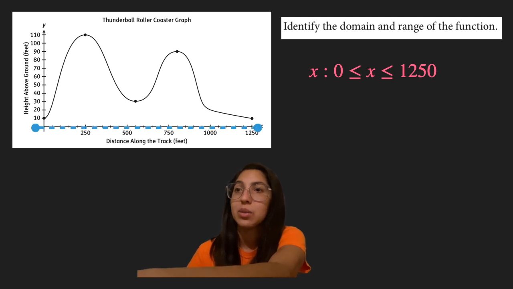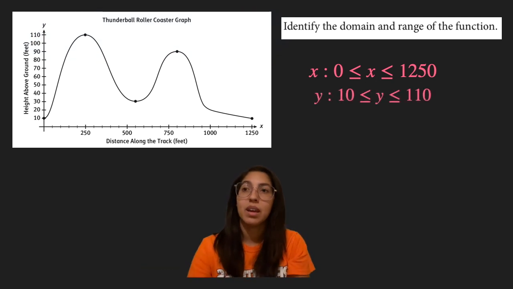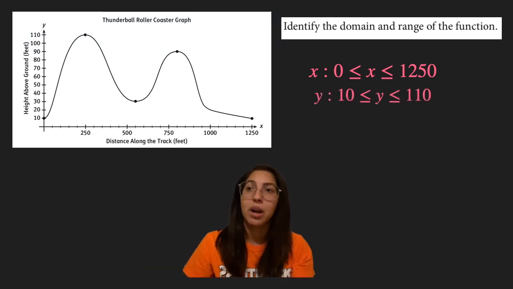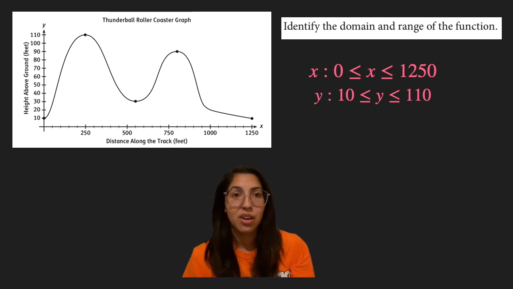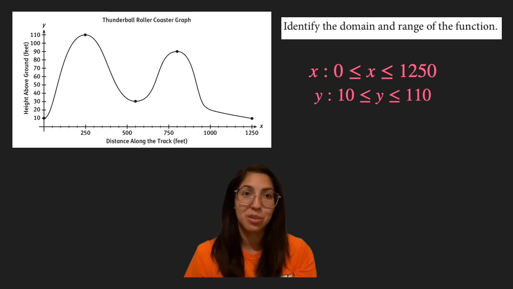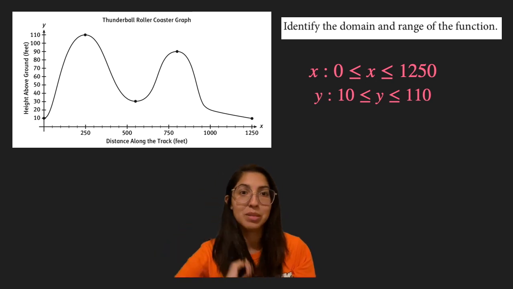Next, we go from bottom to top. So our y's would be 10 is less than or equal to y, which is less than or equal to 110. And these are not all of our key features, but the majority of our key features that we're going to focus on for this next test.